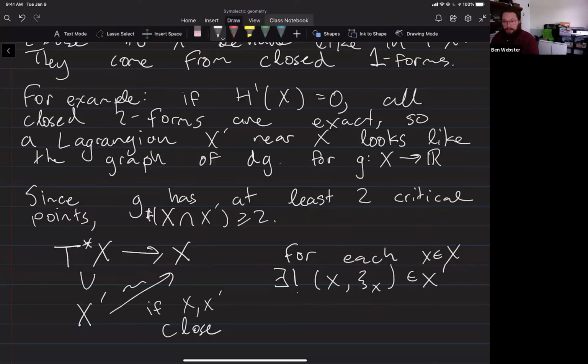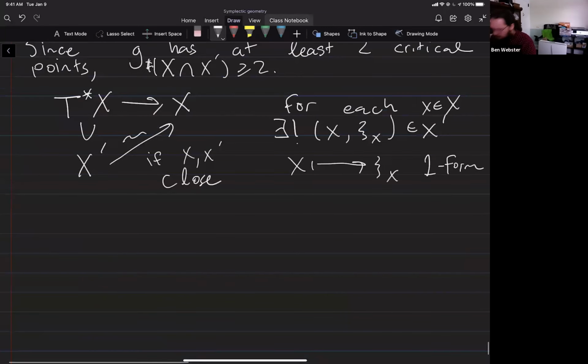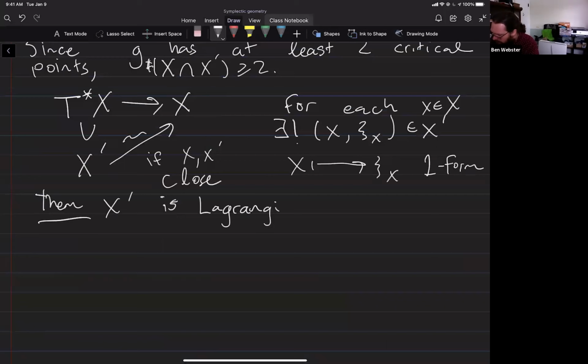That's just the point of the cotangent bundle. And I can think of X goes to C of X as a one form. And we proved the theorem that X prime is Lagrangian if and only if this one form is closed.